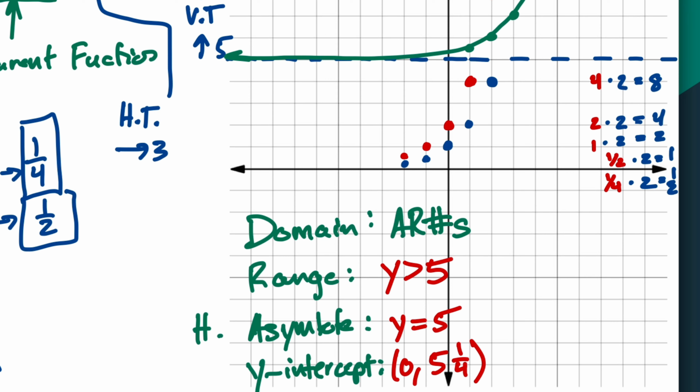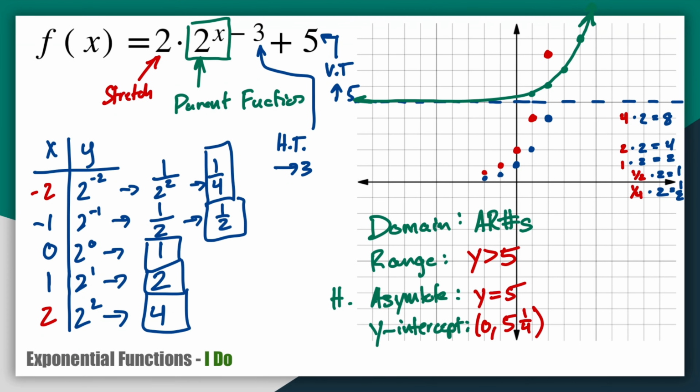Okay, now if you're like, what? Mr. Fair, 5 and 1/4, can you please explain that again? In class, you'd be able to ask that question, but right now you can't, right? Remember, if you want to calculate this perfectly, you can always just go to your function, plug in a 0, and solve, and you get the y-intercept. Okay, so if you can't see it on the graph, plug it into the equation. Okay, so this is exponential functions.